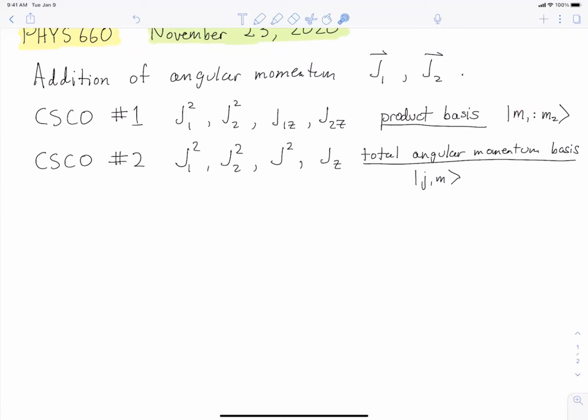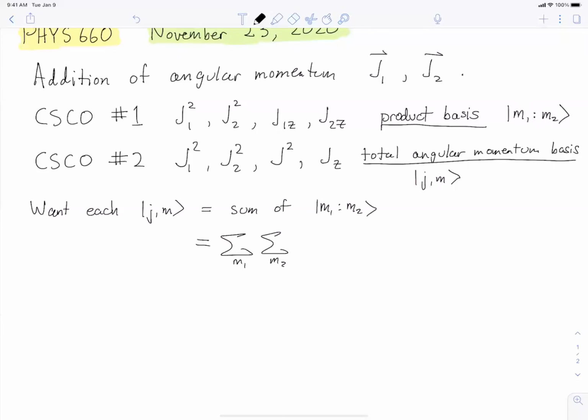And so we want each state J, M to be a sum of M1, M2 states, and we want to know what the sum is. So one thing we can do is write it as a sum over all M1, a sum over all M2 of the allowed values, times the product basis state, M1, M2, and then the coefficients that go here, according to completeness, are some matrix elements.